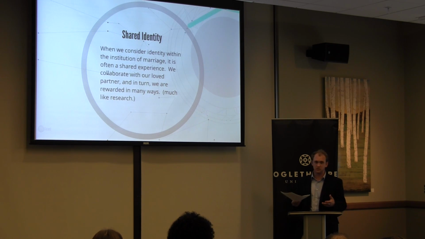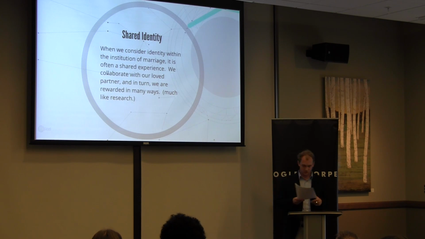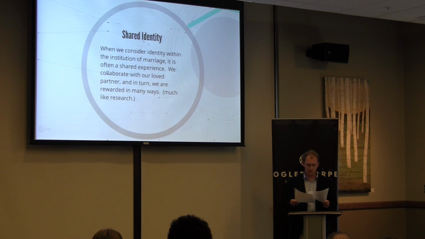One of the rewards of marriage, of being in a university, is the collaboration. It's a shared experience. And so there's this aspect of the social, but his wife disappears.